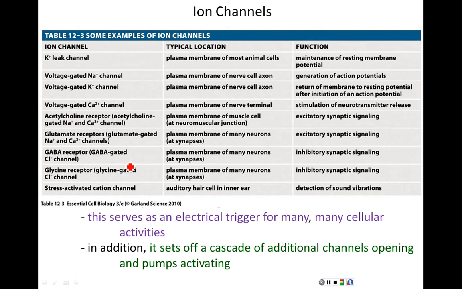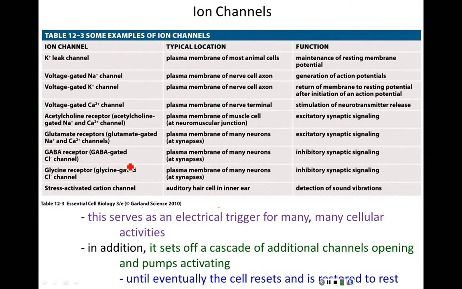In addition, while all that's happening, other channels are opening and closing, pumps are being activated, and the cell is constantly trying to restore its membrane potential back to its resting state, and eventually will achieve that. And once the cell has restored the membrane potential, the cellular response ends, and the cell goes back to its resting state until it gets another stimulus. So this beautiful system of transport across the membrane, really having far-reaching effects on the physiology of the cell.